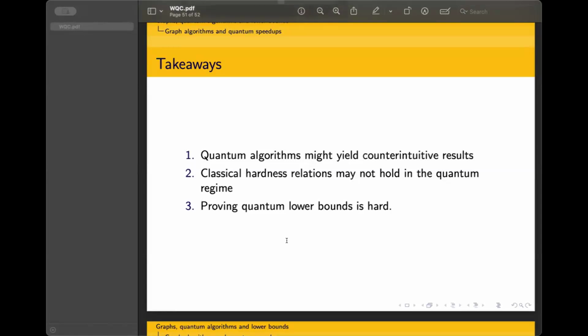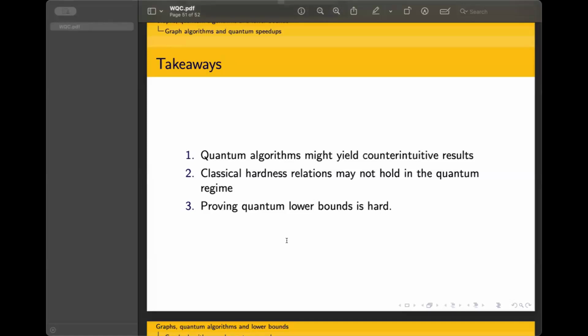So you can truly correctly decide the problem, which the more you think about it, the less intuitive it is. The other takeaway that I would like you to remember is that classical hardness relations may not hold in the quantum regime. Here I'm referring to the radius APSP equivalence, which holds classically, but is very far from the truth in a quantum setting.